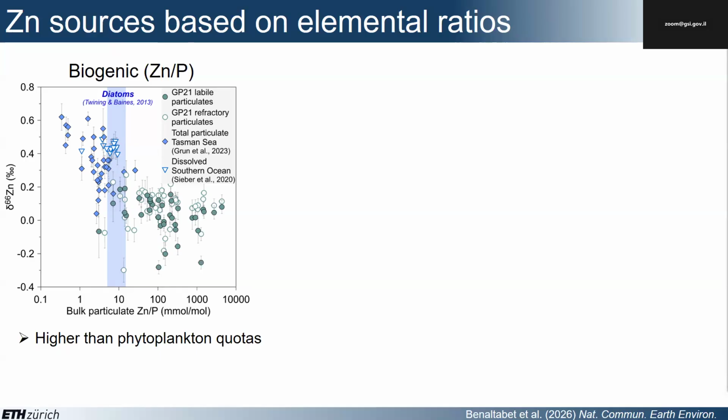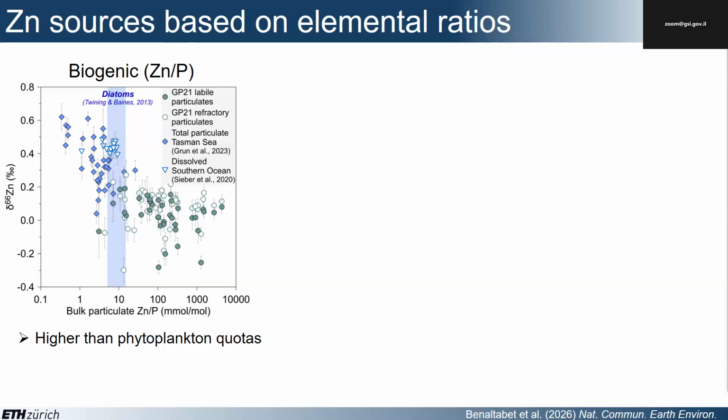When we look at samples from the Tasman Sea, not from the South Pacific but from a different region, these blue diamonds, we see that zinc to phosphorus ratios there pretty much match what we would expect from natural particles that are governed by biological uptake. So this is right here.